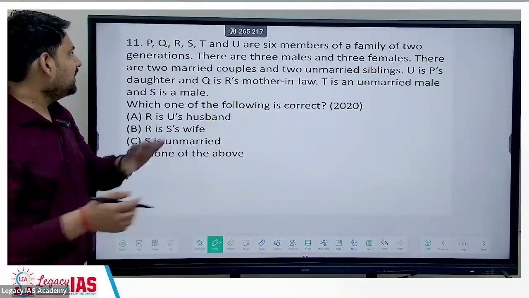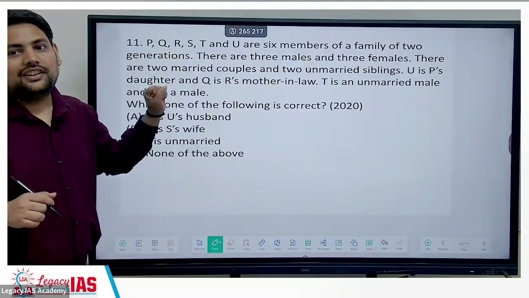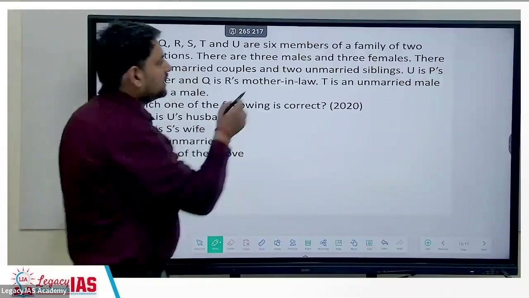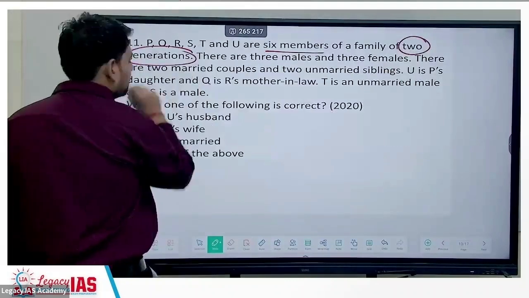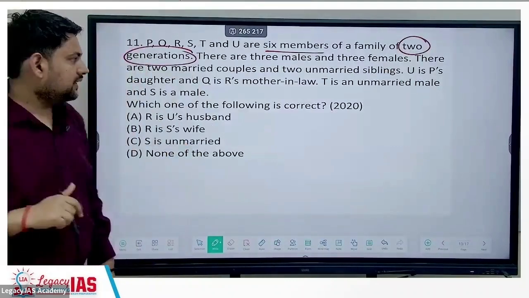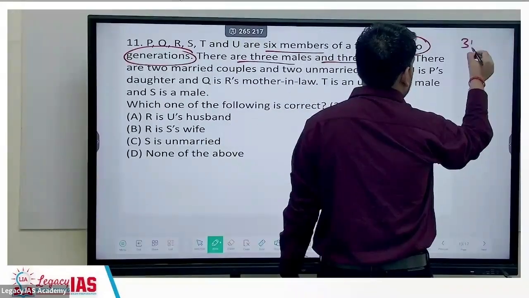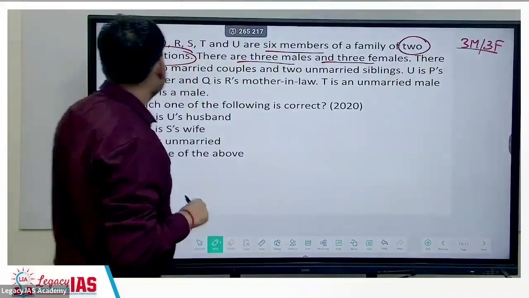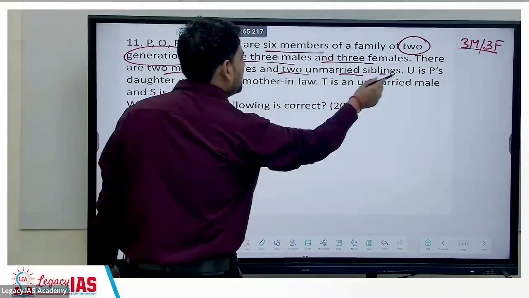P, Q, R, S, T, and U are 6 members of a family of 2 generations. Okay, only 2 generations. There are 3 males and 3 females. Then there are 2 married couples and 2 unmarried siblings.